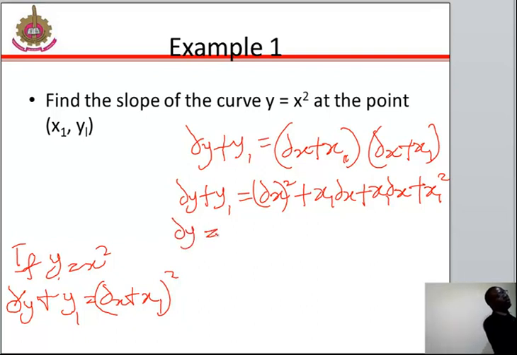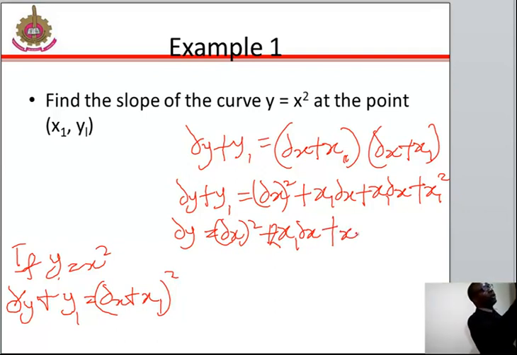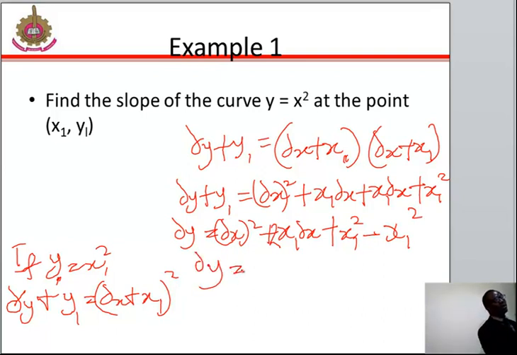Now delta y becomes delta x squared plus x1 delta x plus x1 delta x, which becomes 2x1 delta x. You add this together, plus x1 squared, then minus y1. Do not forget, and what is y1 here? Your y1 becomes x1 squared, so that is minus x1 squared. Now this one we cancel. Now it becomes delta y equals delta x squared plus 2x1 delta x.